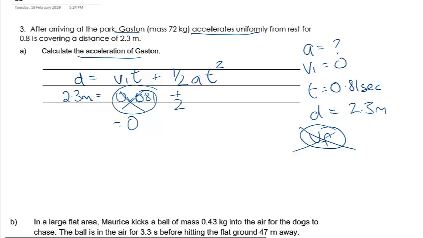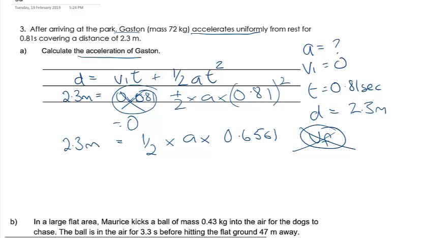Plus half times a times t squared, which is 0.81 squared. Okay, so let's do a couple of calculations with that. All I've done there is rewrite this equation. I've still got the half in it. The a is what we're trying to find out, and the time has been squared. Now I can get the half onto the other side, so I change it to divide.